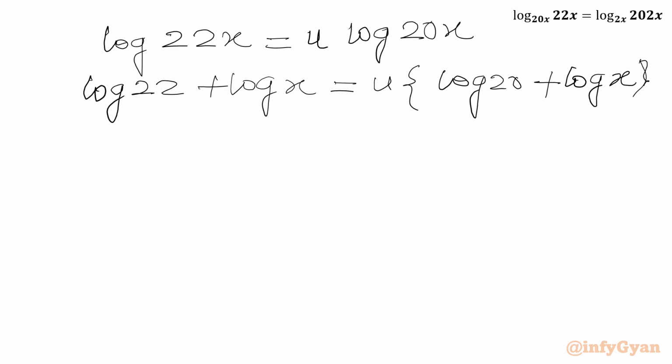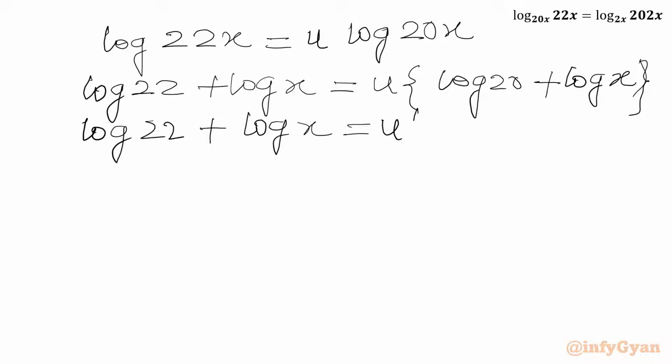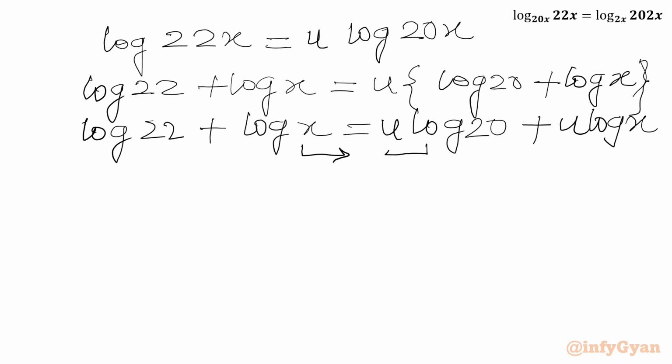Now we have to simplify for log x first. We will collect log x to one side. So I can write here log 22 plus log x equal to u log 20 plus u log x. Now we will take log x terms to one side and other terms to the other side. So I will take this log x to the RHS and u log 20 to the LHS.